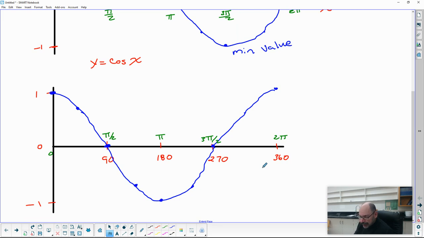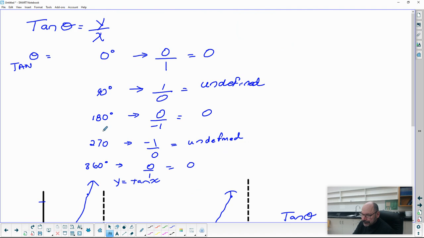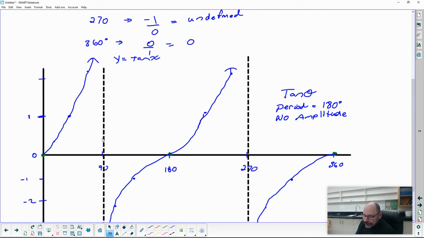Same thing with the tan graph. You can just slap those in. This would be 0, pi over 2, pi, 3 pi over 2, and 2 pi.